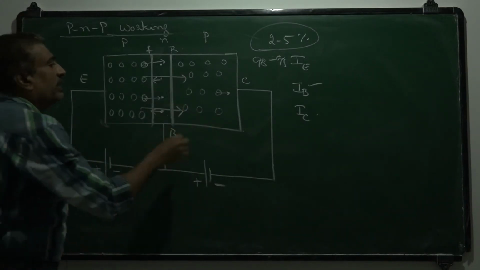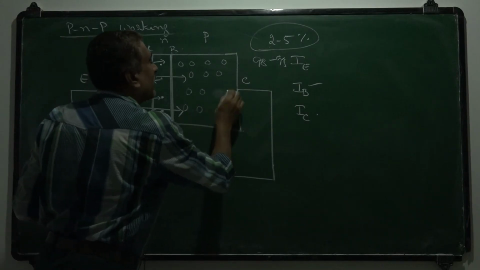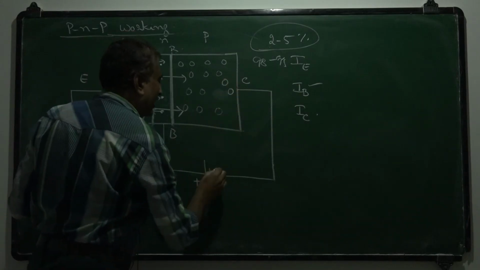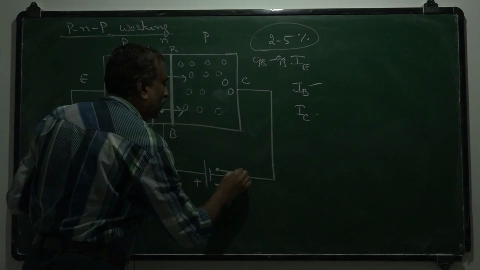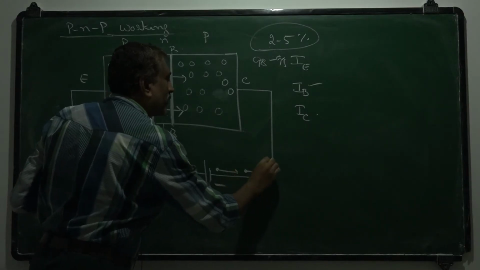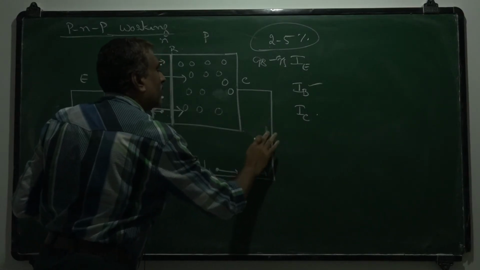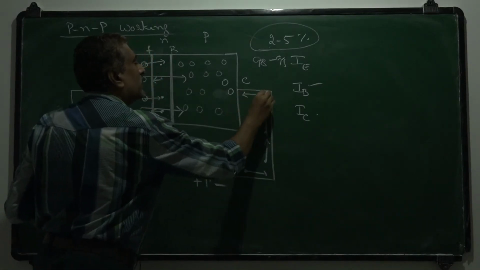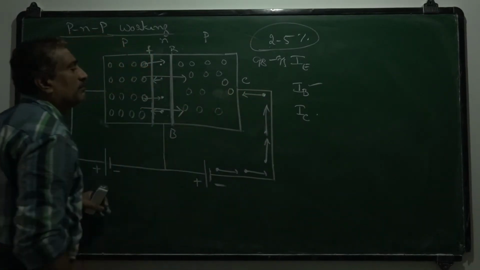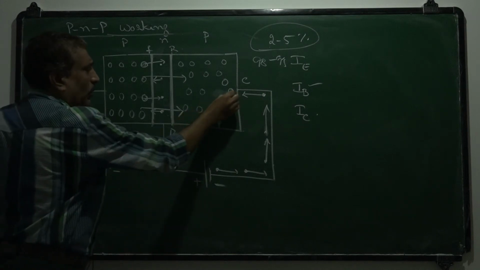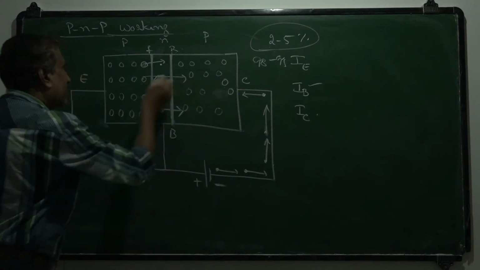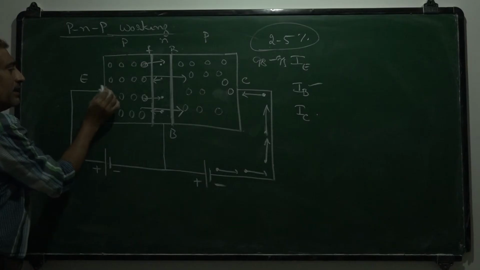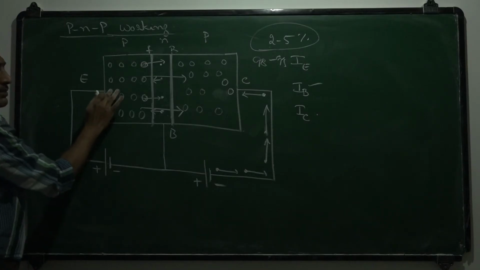When a hole reaches the collector terminal, an electron from the negative terminal of the battery combines with the hole, so that an electron-hole pair is created again in the emitter region.